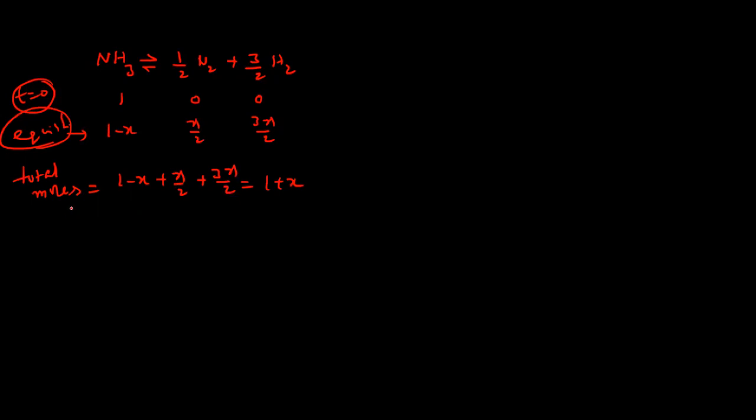Now, the condition is that this 1 plus x moles corresponds to 50 atmospheres. So this number of moles corresponds to 50 atmospheres, the pressure that was given. And on the other side, we have 31. That means the relation is nothing but number of moles of NH3 before decomposition by number of moles of NH3 after dissociation.